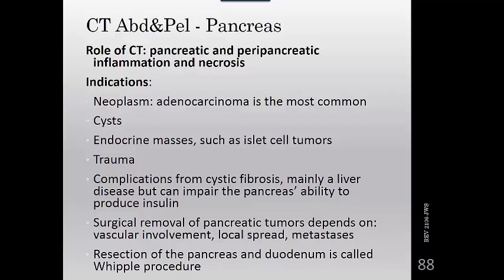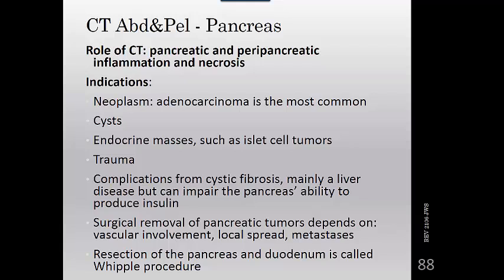So looking at slide 88 here, the role of the CT in pancreas scanning is for pancreatic and peripancreatic inflammation and necrosis. The indications include neoplasms, which can be adenocarcinomas, which is the most common, cysts, endocrine masses such as islet cell tumors, trauma, and complications from cystic fibrosis, which is mainly a liver disease, but it can impair the pancreas's ability to produce insulin.